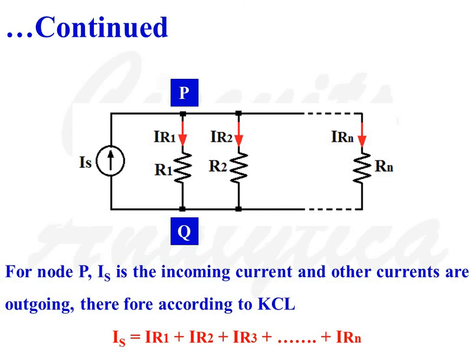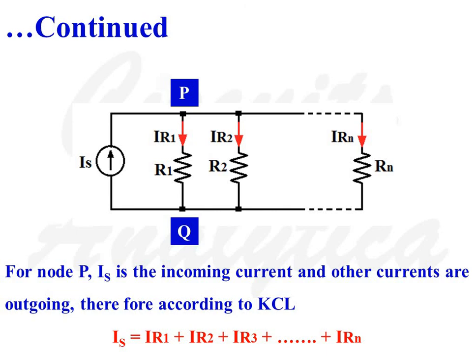There are two nodes in this circuit marked as node P and node Q. For node P, Is is the incoming current and the other currents IR1, IR2 to IRn are outgoing currents.